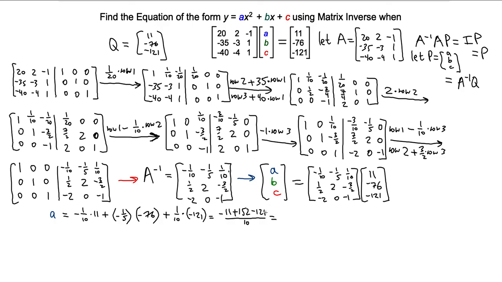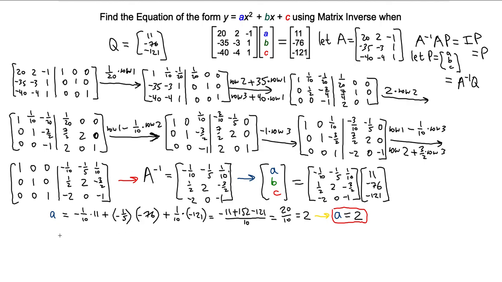That should give me negative 132 plus 152 is 20 over 10, which is 2. Okay, so the A value is 2. We just found the A. A value is 2. So we can circle that. That's one value we found.